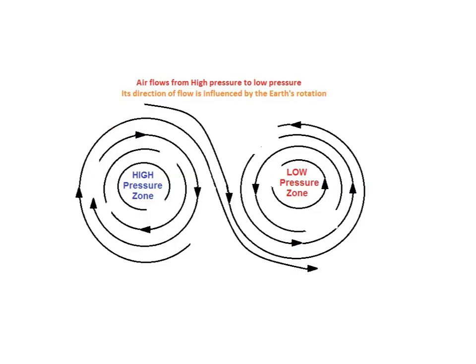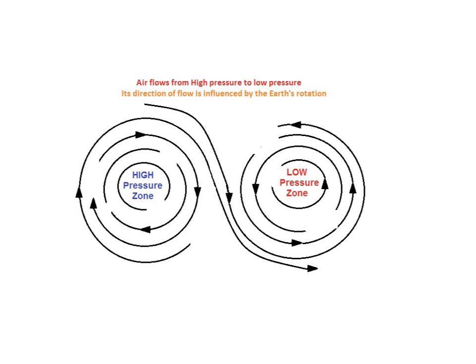So air flows from a high pressure system to a low pressure system. It flows from high to low. It is influenced by the Earth's rotation, so it doesn't just simply sink and rise, but it spirals and flows in a curved path.